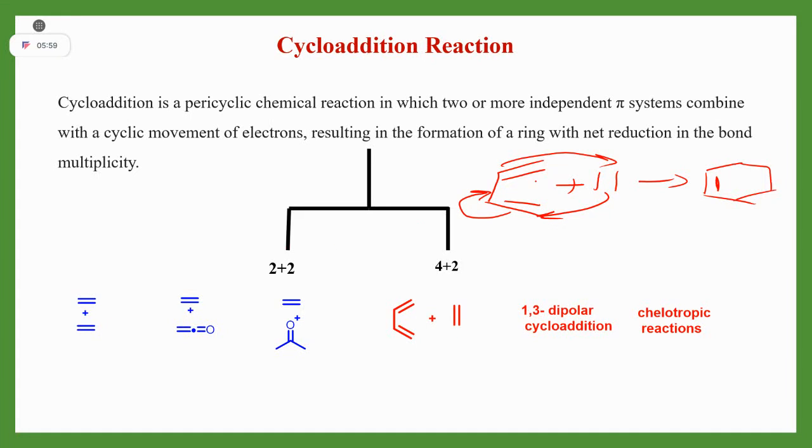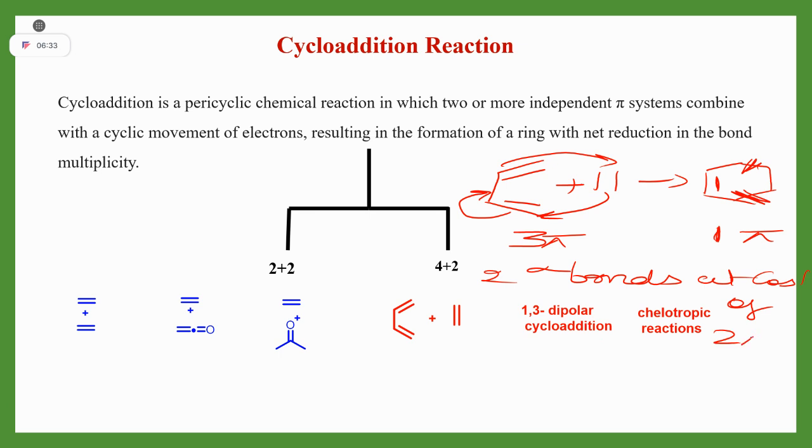If we look at the starting materials, they have a total of 3 pi bonds, right? And in the product we have 1 pi bond, and two new sigma bonds have been formed, right? So basically, in the Diels-Alder reaction, you are making new sigma bonds at the cost of 2 pi bonds, right?